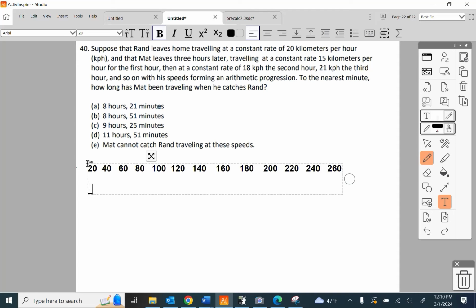Now Matt has 3 blanks here. And then he starts moving. 15. The next one is going to be 15 and 18, 33.